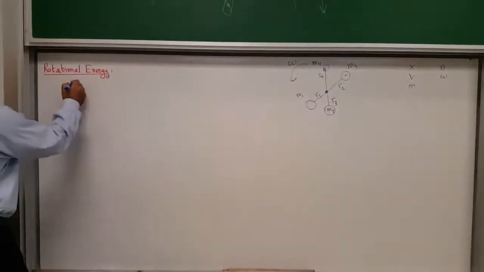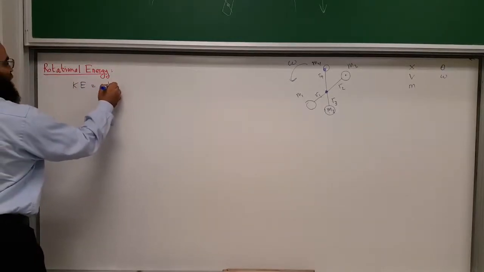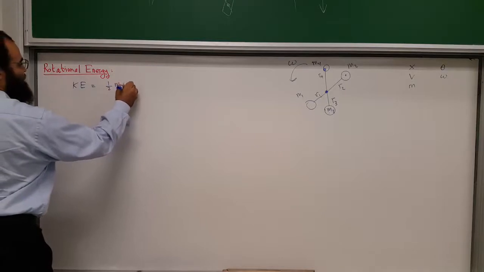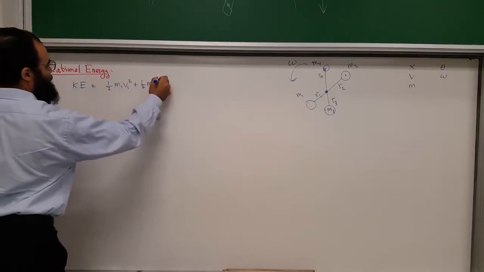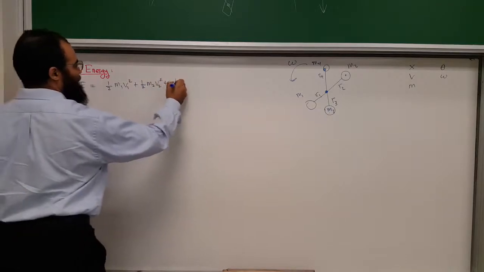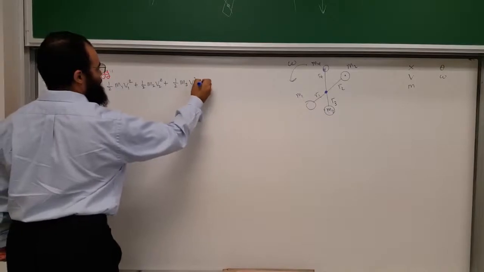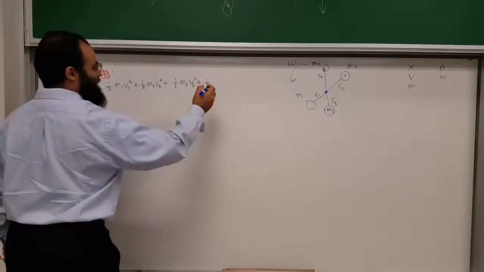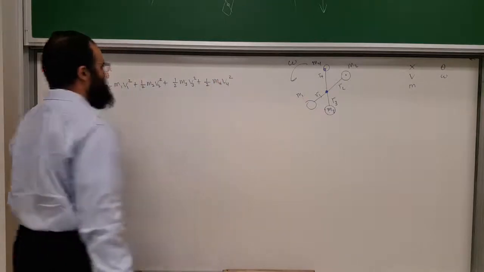Total kinetic energy, well, as usual, it will be 1/2 m1 v1 squared plus 1/2 m2 v2 squared plus 1/2 m3 v3 squared plus 1/2, I should have chosen only 3, but let's continue, m4 v4 squared.